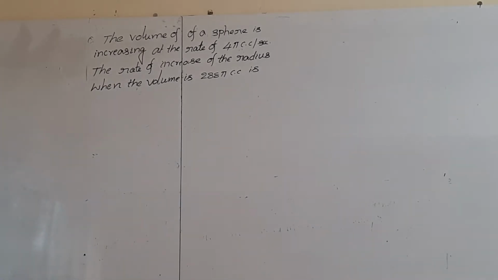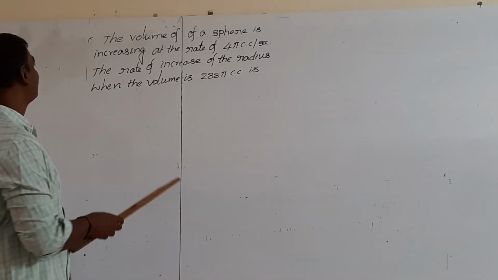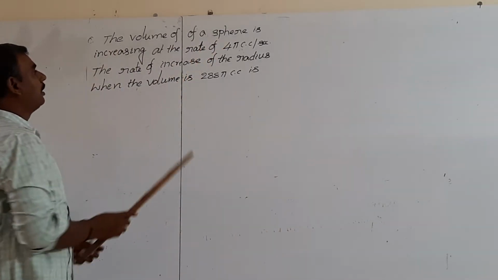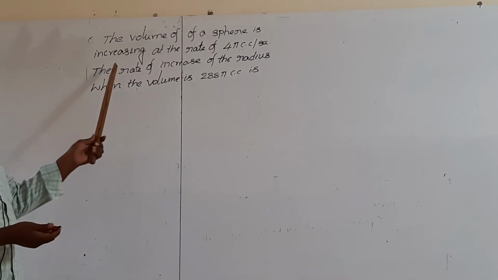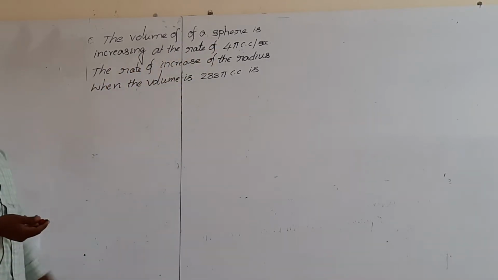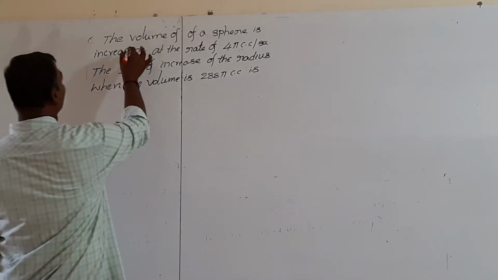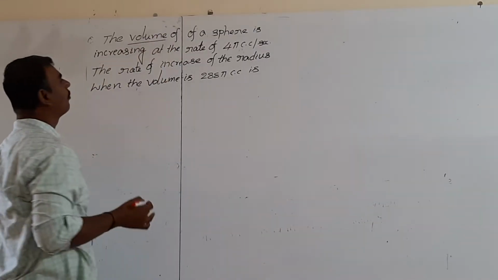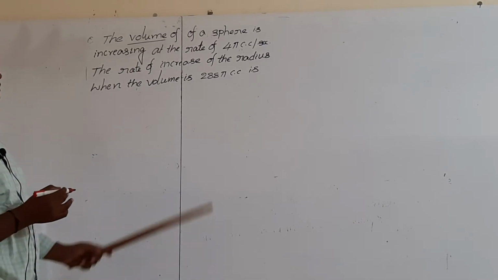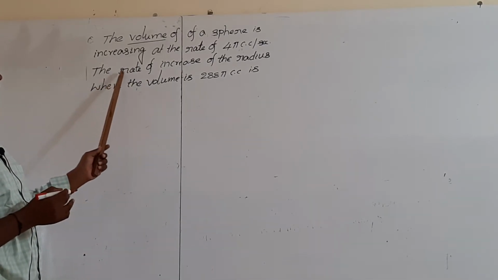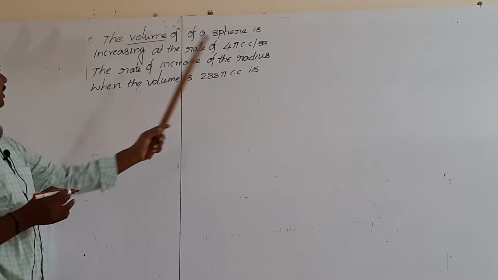So, to understand the problem, firstly we have to read the question. The volume of a sphere is increasing at the rate of. This means the subject is the quantity volume of a sphere. Next, the other quantity is the rate of increase of the radius.